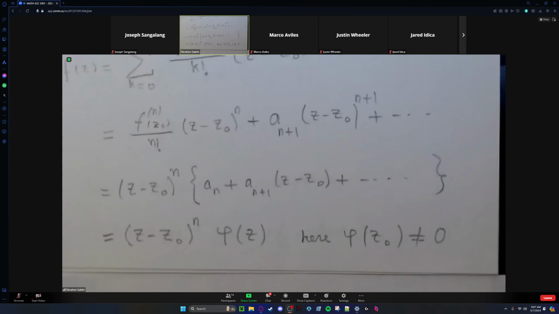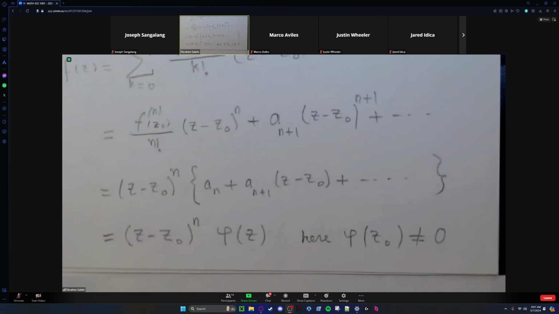Another type of problems that you will have in section 16.2 is they will give you a function that might be zero at some point, and they will ask you to find zeros and order of zeros.